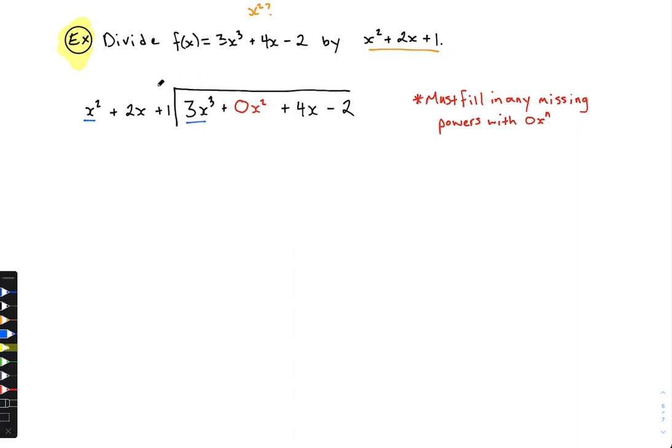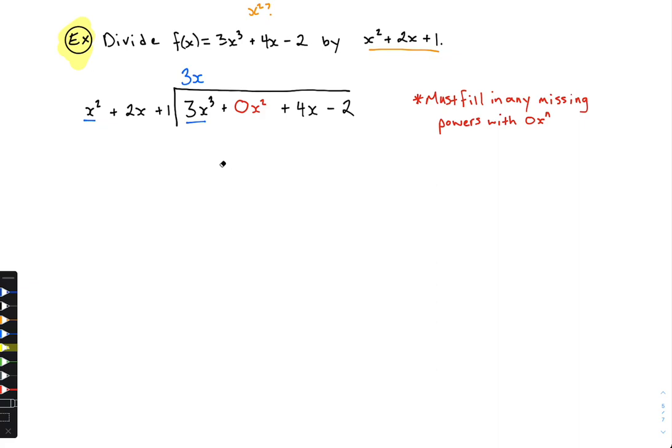Well, I'm going to need that 3. So 3 times x squared is 3x squared. But I want x cubed, and so I need 1 additional x. So I'm essentially trying to do that backwards multiplication. So division is just what times this number gets me this answer.